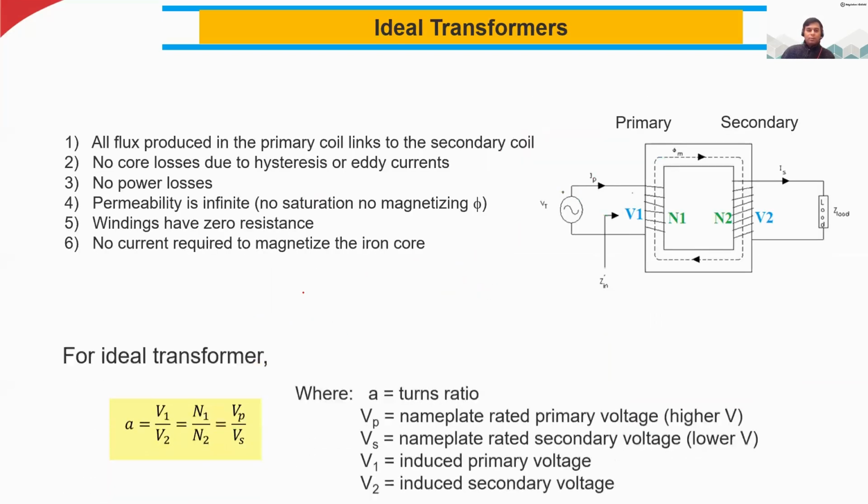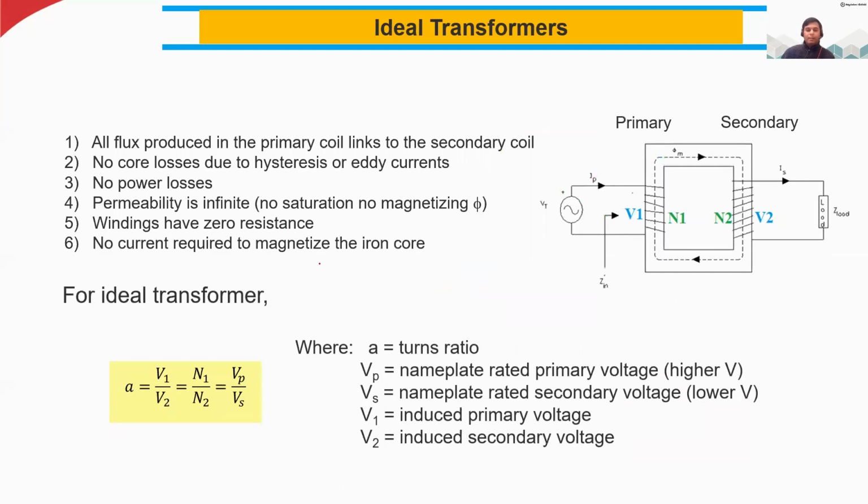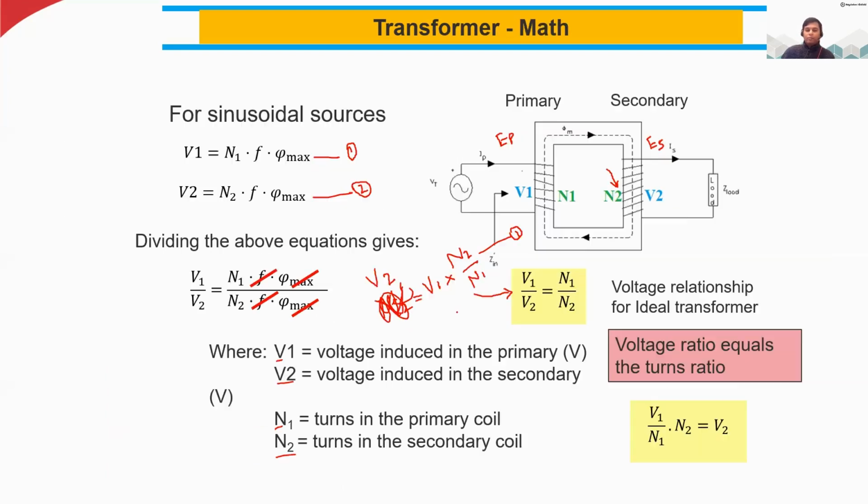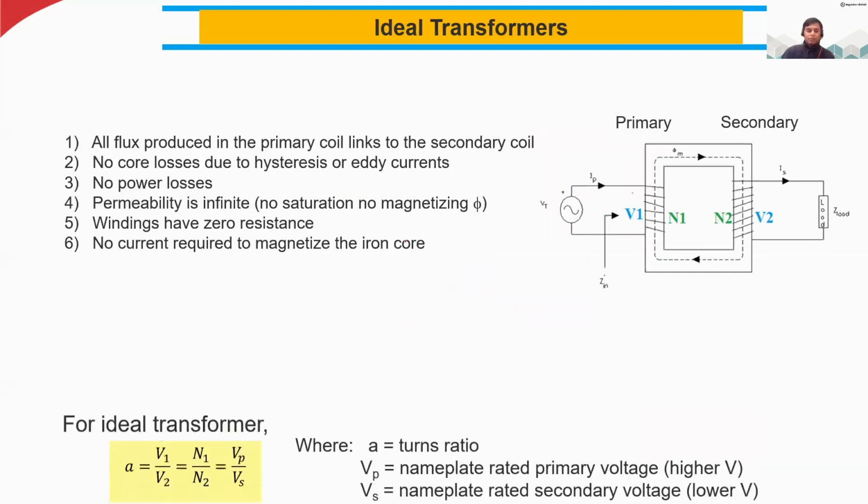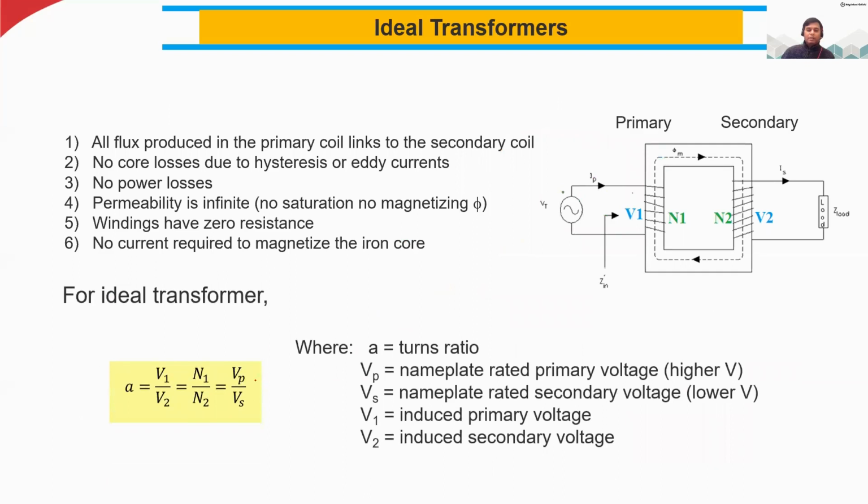Okay, so ideal transformers, this is again the same thing. Here what we have found in the previous slide is the voltage relationship with respect to number of turns. Now we are finding the turns ratio, N1 divided by N2. We use a new label, small a.